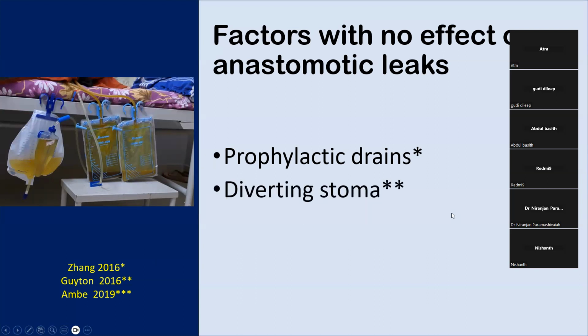Similarly, a diverting stoma. People say that you should have a diverting stoma because that may actually reduce your leak rates. It does not reduce the leak rates, that is for sure. But the soiling that may occur if you have a leak may be limited because you have a proximal diverting stoma. That is all there is to it. And so a stoma is really not a must.